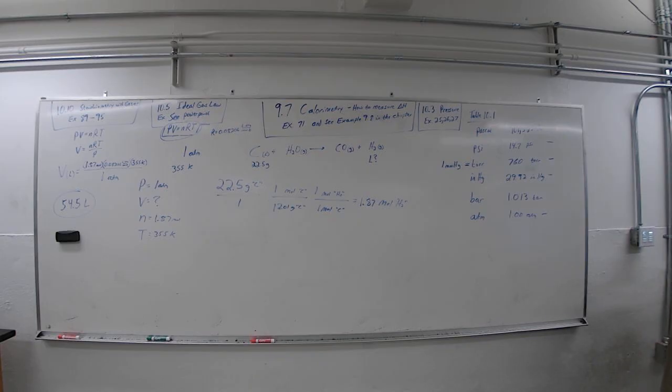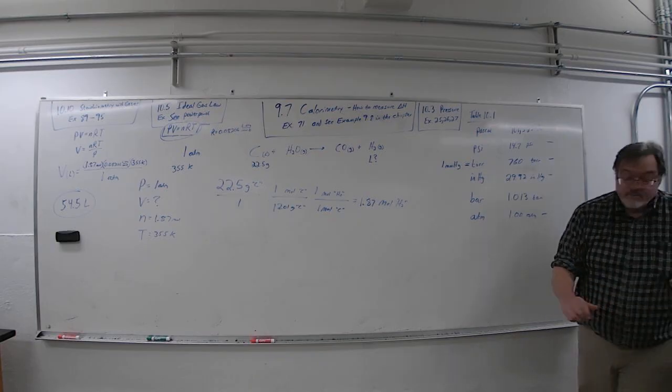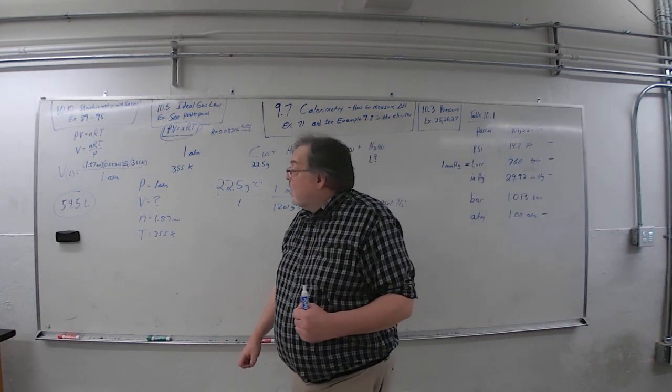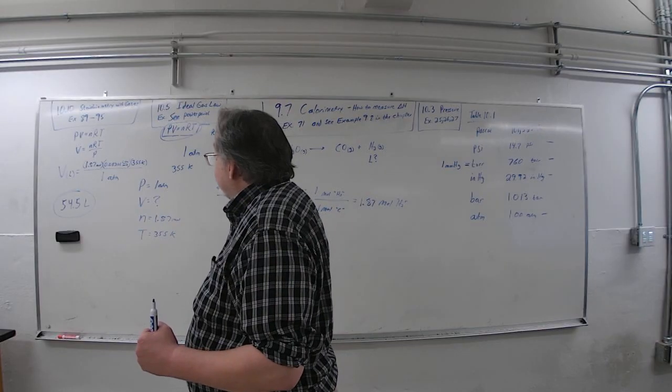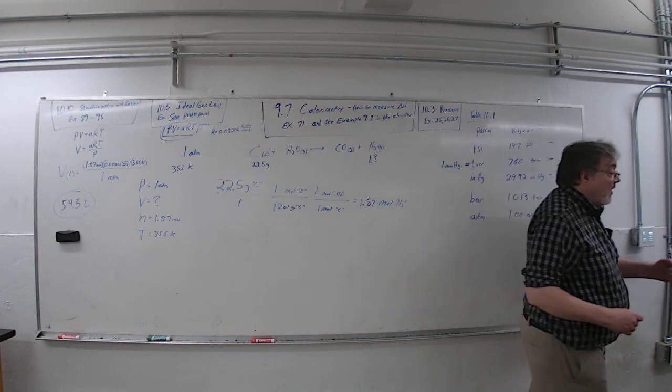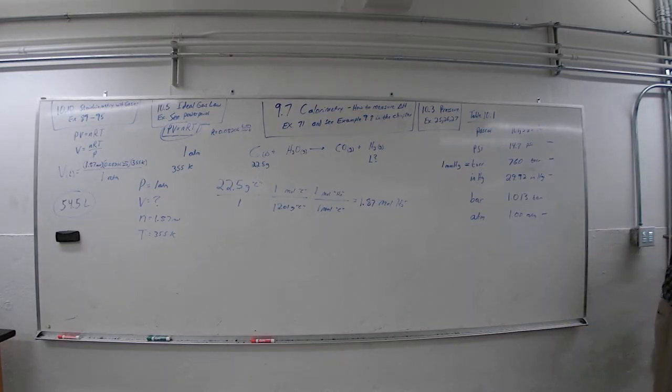54.6? Close enough. 206, 355, 187. I think they didn't round up what they were supposed to.